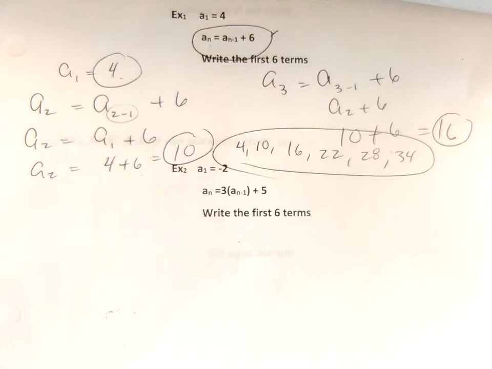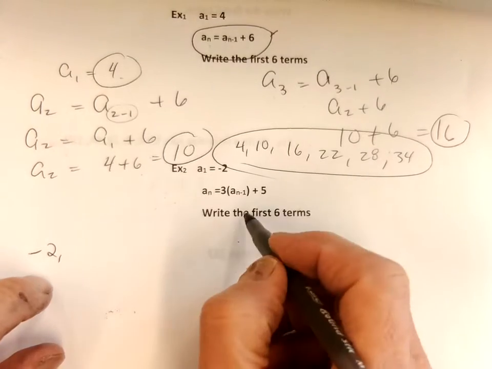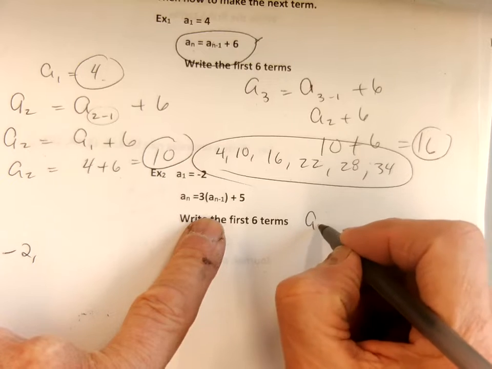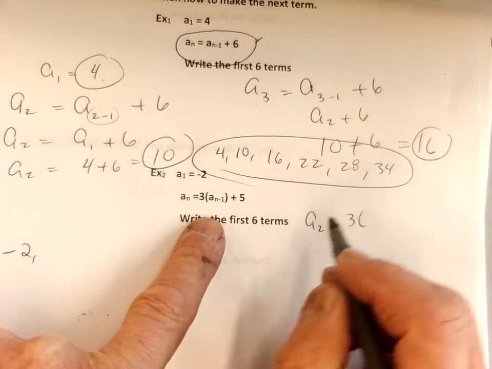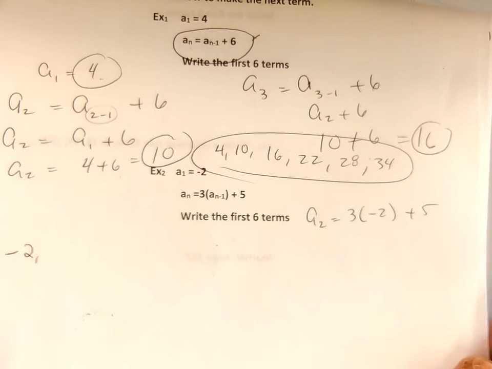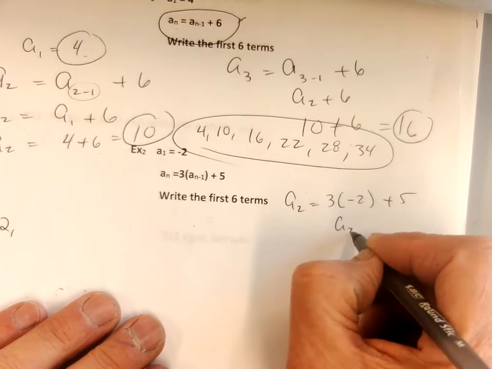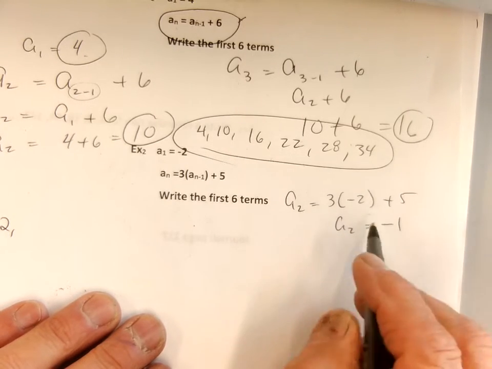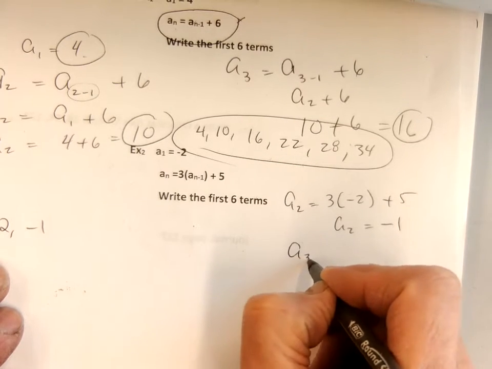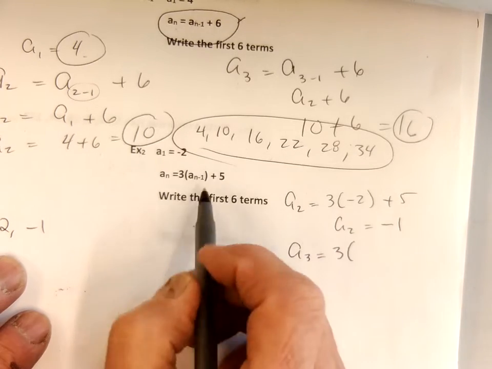So I know that my first term is negative 2. To make the second term, I'm going to go 3 times my previous term, plus 5. So A2 is negative 1. If I want to find A3, I go 3 times the previous term.